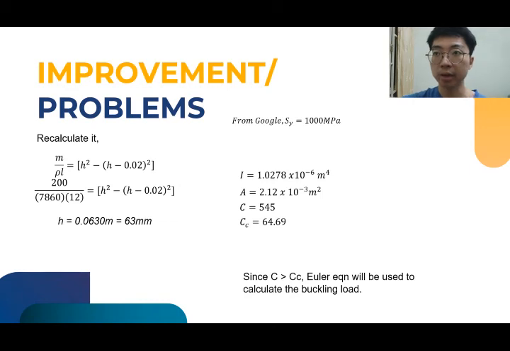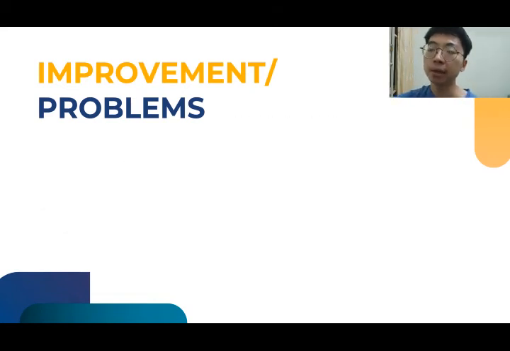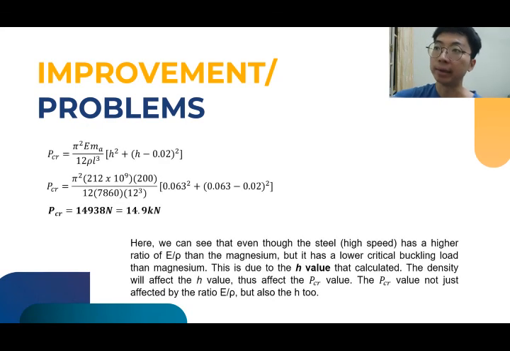I calculated H, and I calculated C and CC. We can see that C is bigger than CC, so we can use the Euler equation to calculate this column. The critical load that I calculated, PCR, is 14.9 kilonewtons.